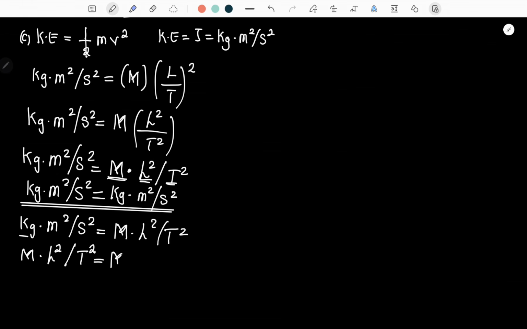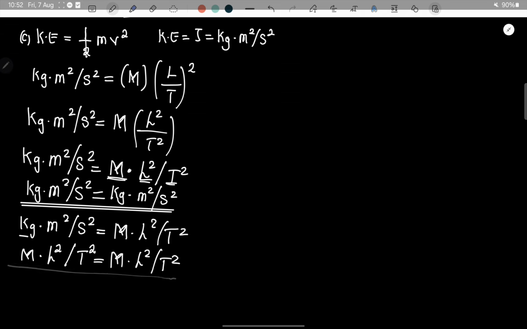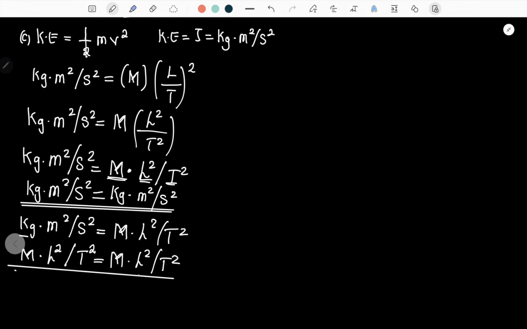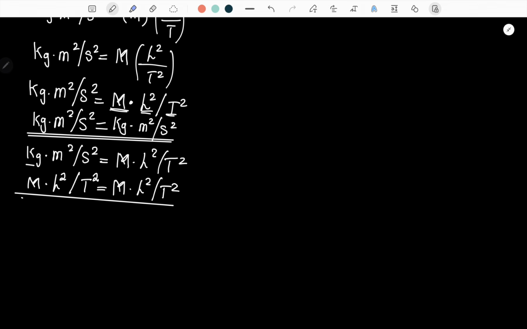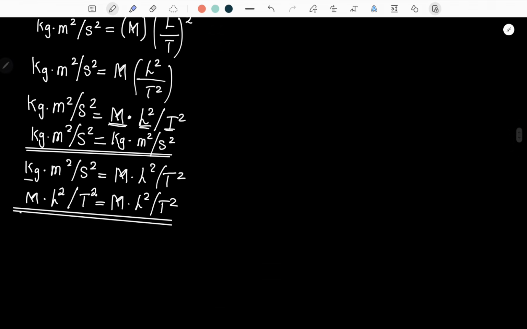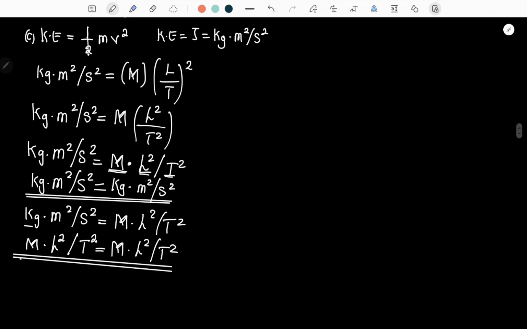And then this is going to be the same as what we have on our right, and everything holds. Basically, this is just how you solve questions on dimension analysis.